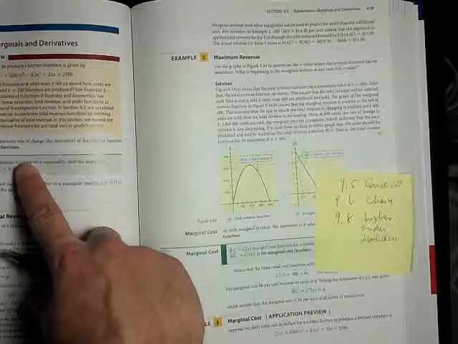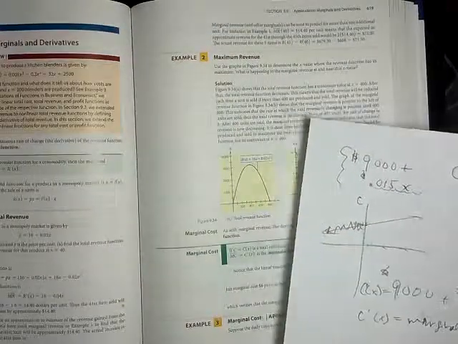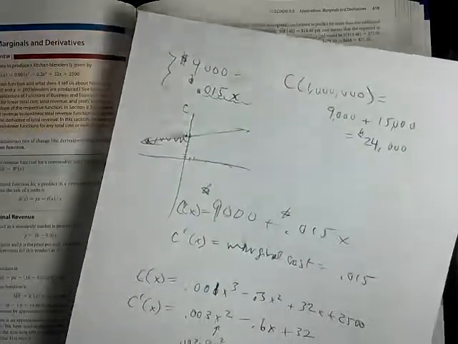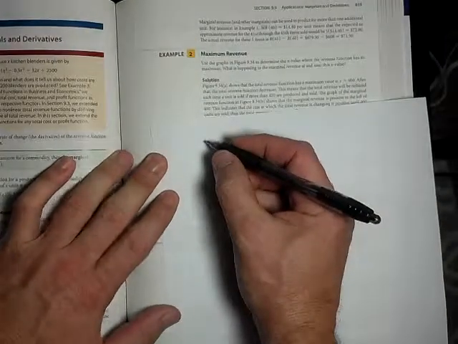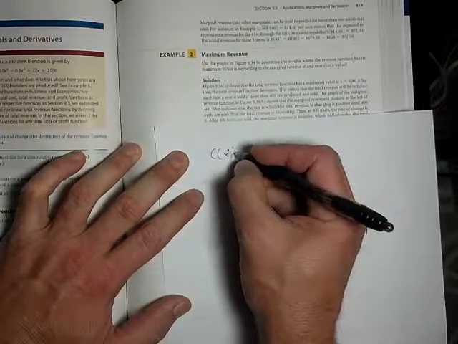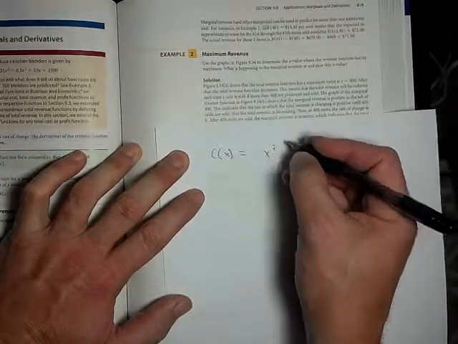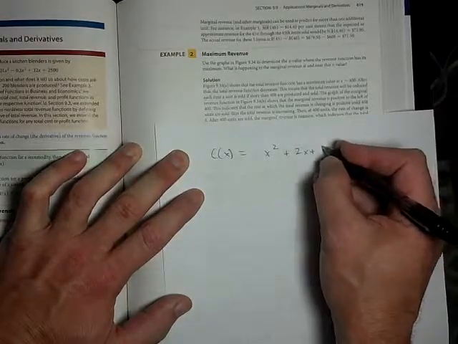So that's the marginal revenue function. Now, another thing about marginal revenue is this. Let me do something relatively simple because, again, I don't have my calculator. I'm filming with it. So let's say there was some cost function that's just x squared plus 2x plus 1.